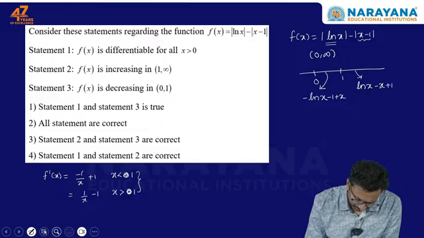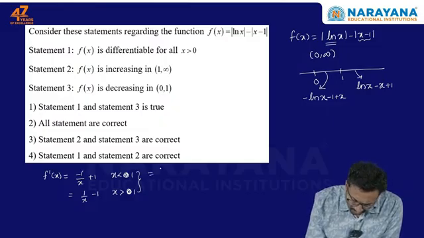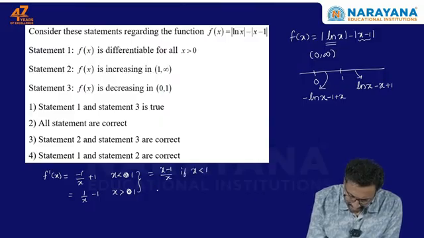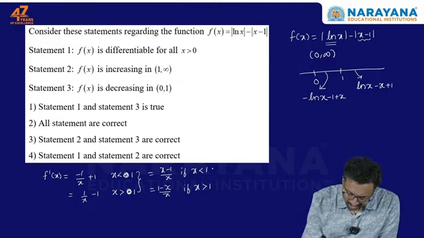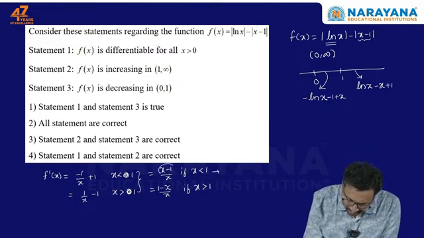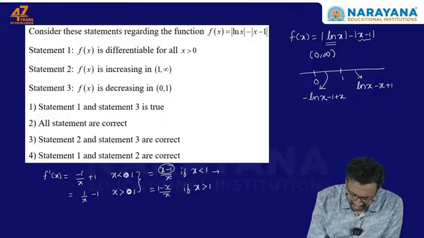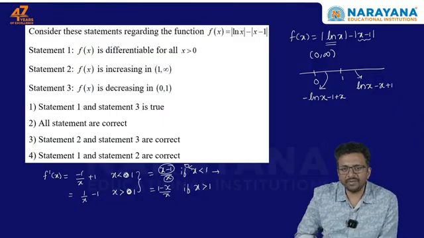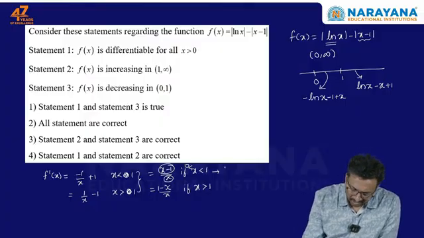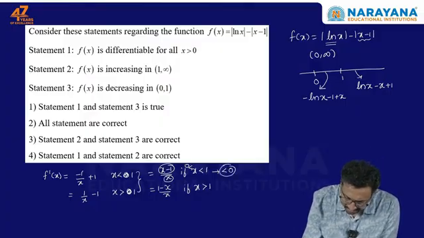So let us go forward. So this is equal to x minus 1 by x if x is less than 1. This is equal to 1 minus x by x if x is greater than 1. So clearly if x is less than 1, x minus 1 is negative, x is positive. So x less than 1 in the sense x is between 0 to 1, right? So this is always negative. Can you see this?